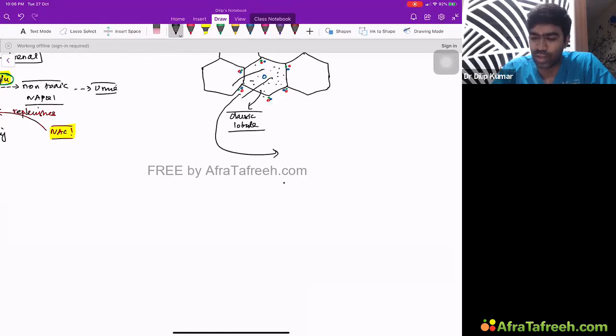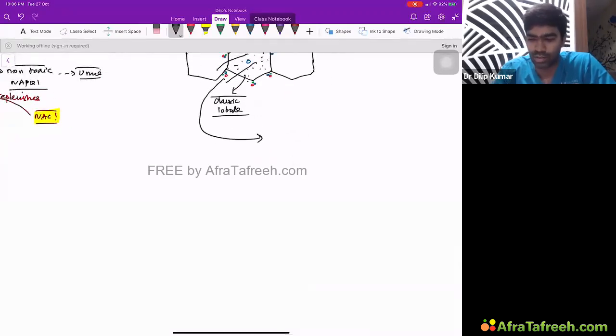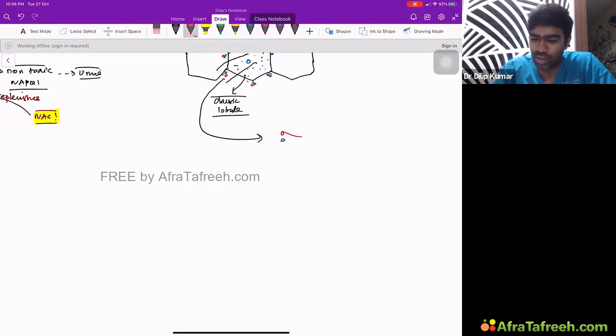If I zoom in on that particular area, you're going to see a hepatic artery here, and a portal vein here. And as I told you, this hepatic artery blood and the portal venous blood will both mix together, and they are going to form something called a sinusoid. So this is the hepatic sinusoid.